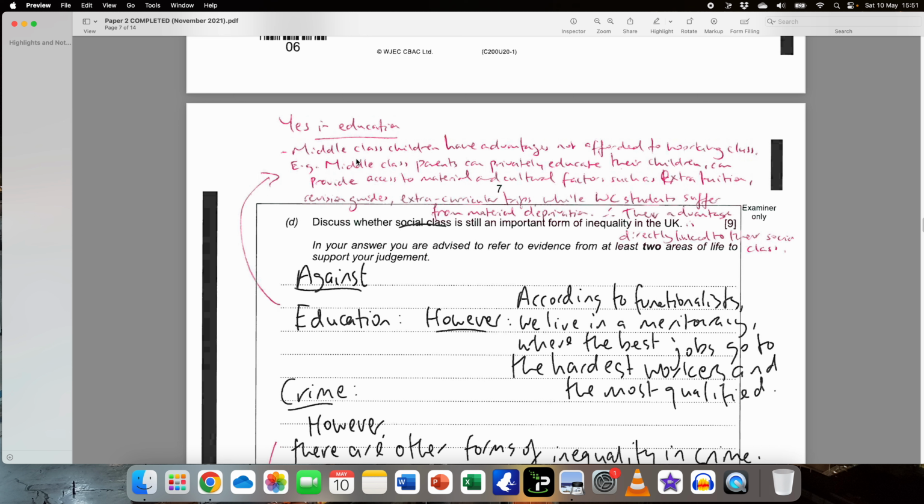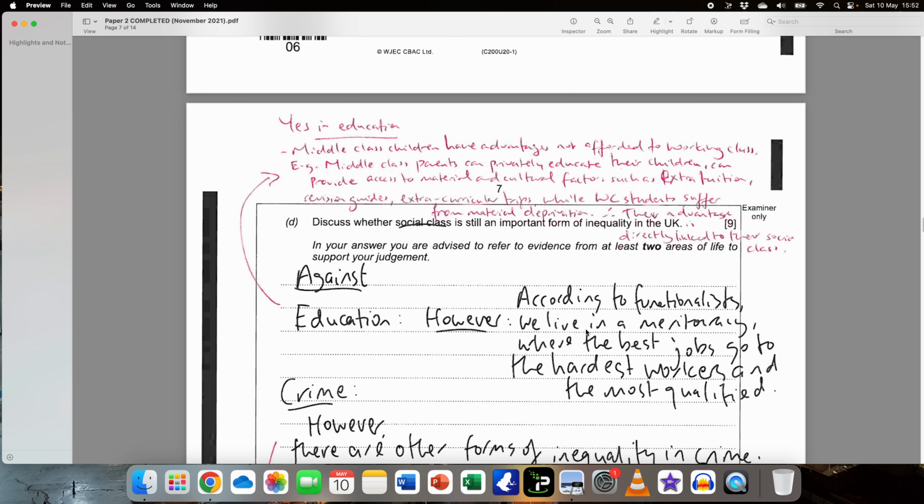So the middle class students have an advantage that is directly linked to their social class. So yes, social class still matters because middle class students do better than working class students because their parents can provide them with things like extra tuition, revision guides, and extracurricular trips that working class parents can't.